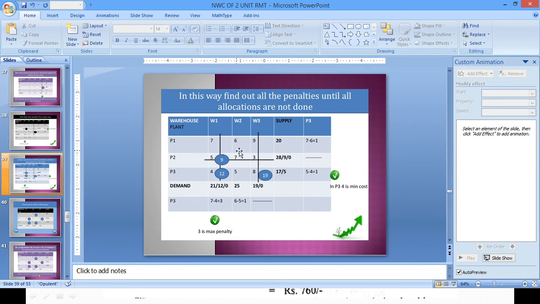Now you will have the remaining allocations 1 and then 1, and here you get penalties 3 and then 1. This is maximum, choose it, and in that the least is 7 or 4. 4 is least, so in this cell, either 12 or 17. 12 is least, give the 12 here, and 17 is reduced by 12, it becomes 5. So after that you will have the next step.